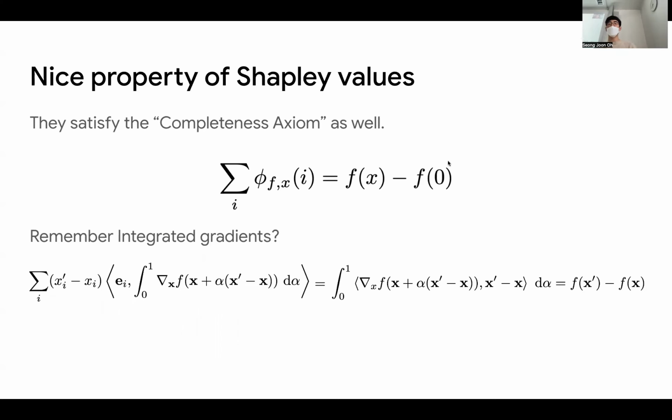So here again, 0 means special missing information input. And this is very similar to integrated gradients, right? Because for integrated gradients as well, when we sum over all the contributions from every pixel, what we get eventually is f of x minus f of 0, right? So we have the same results here.